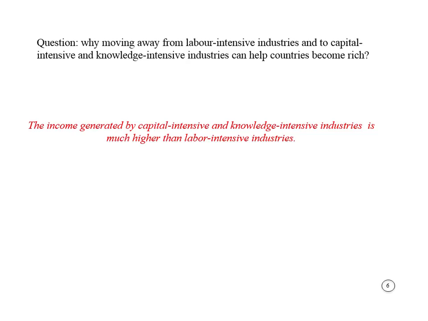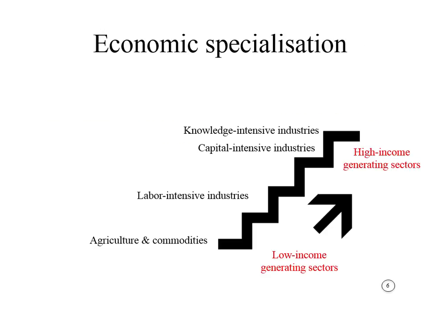And next week we're going to discuss why, and touch on the things you mentioned. But let's look at it in the real world. Simple example. So basically you move from low income generating sectors to high income generating sectors. That is the story of development.